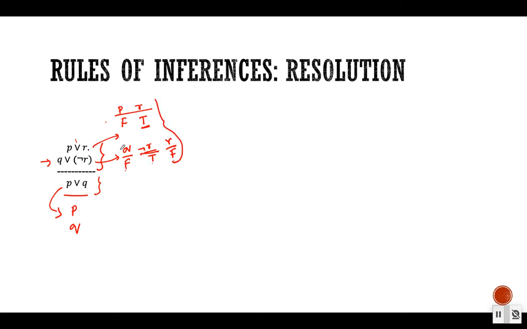But that contradicts the first statement. That means actually P or Q, any one of them has to be true. So if the hypotheses are true, then P or Q will be true.